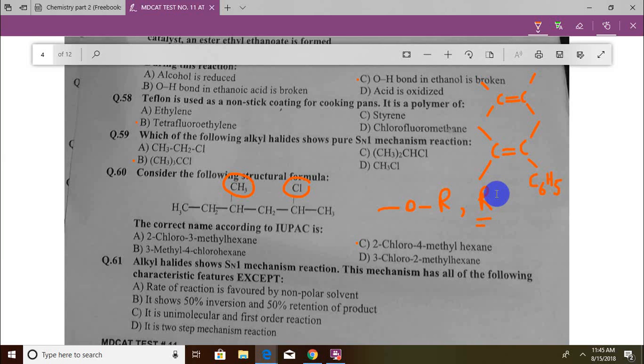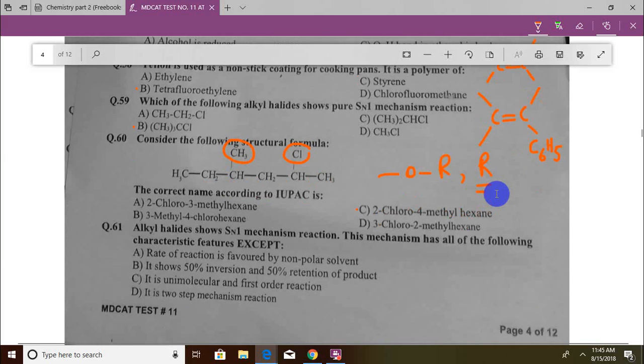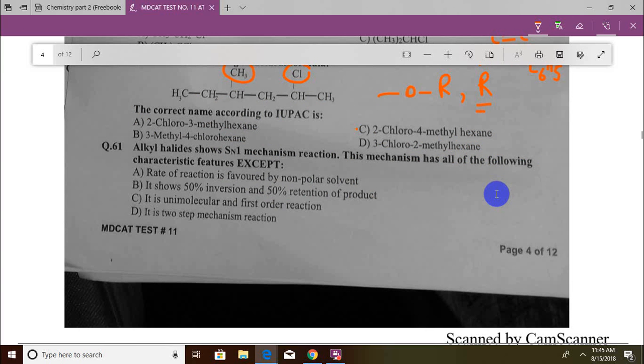So the alkyl halides, they show SN1 mechanism reaction. This mechanism has all of the following characteristic features except SN1. Again, it is a two-step reaction. The first step happens to be the rate determining step. The other one is the fast step and has no bearing on the rate of the reaction.